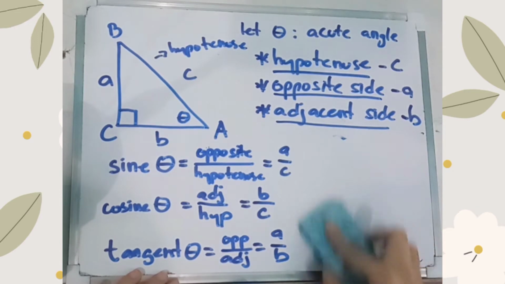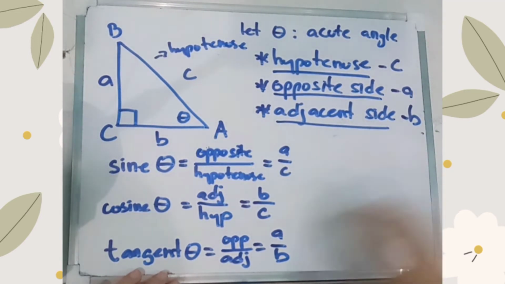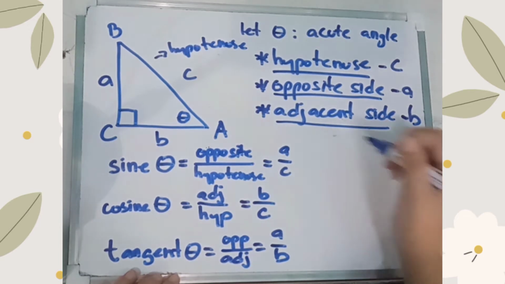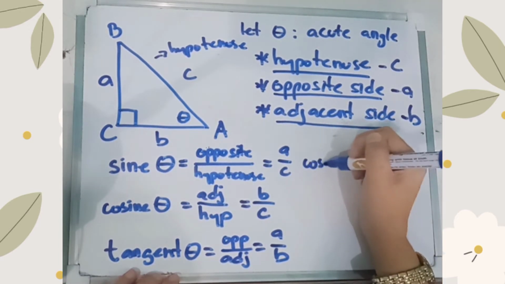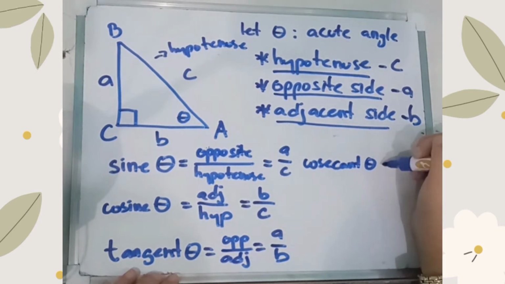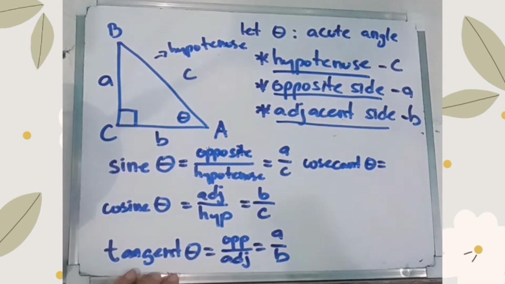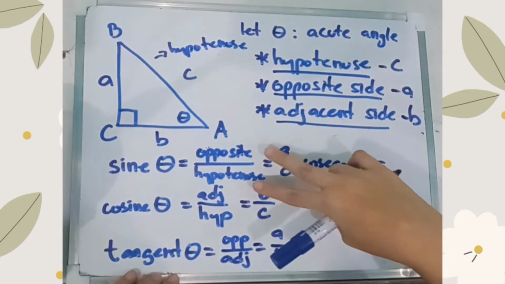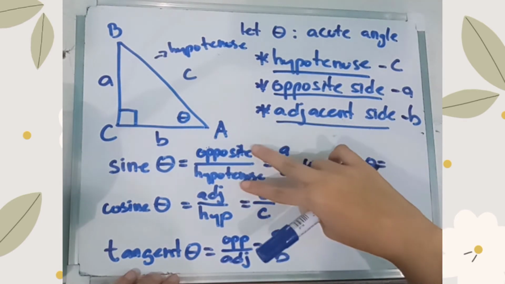Now let's proceed to the reciprocals of the first three trigonometric ratios, starting with cosecant theta. Since it's the reciprocal, we simply look for the reciprocal of this certain ratio.